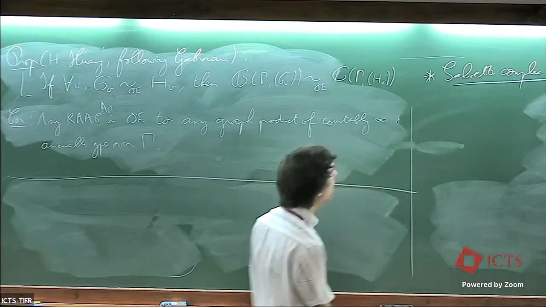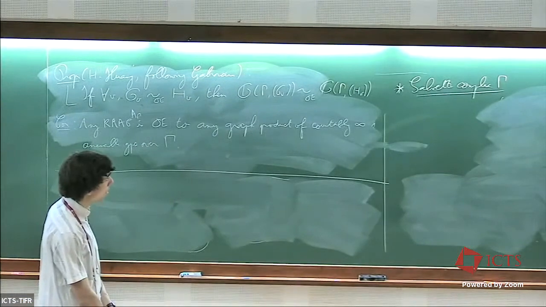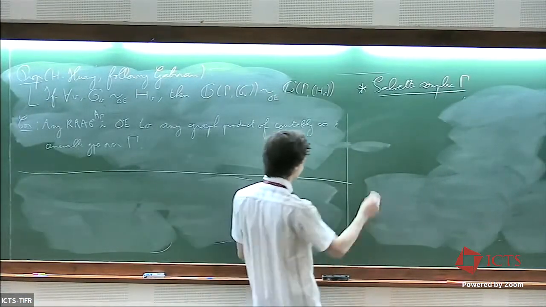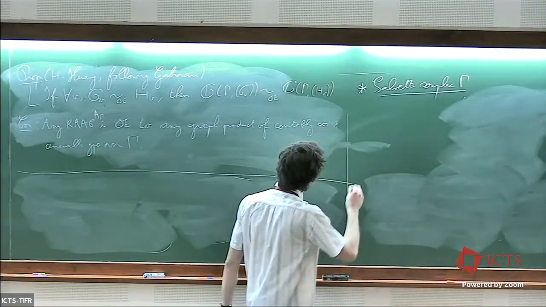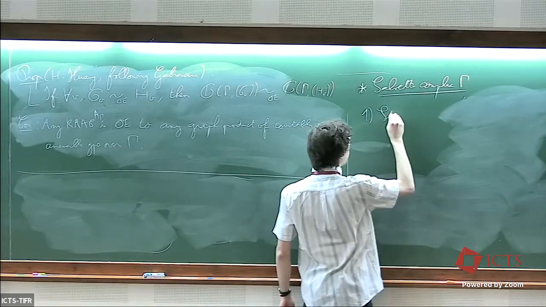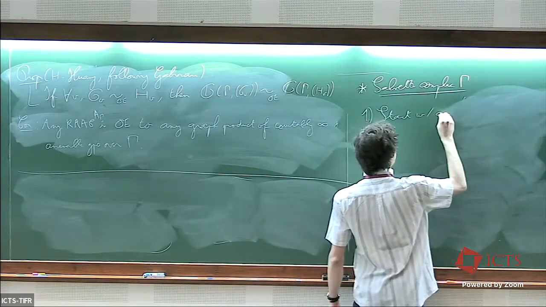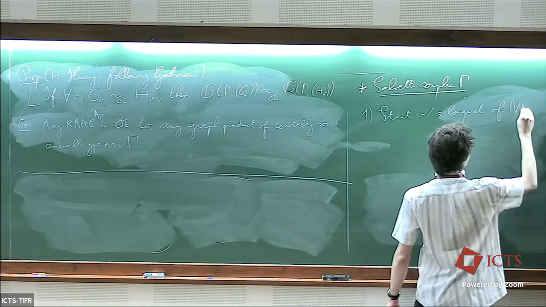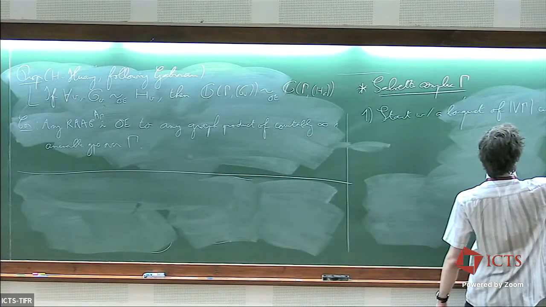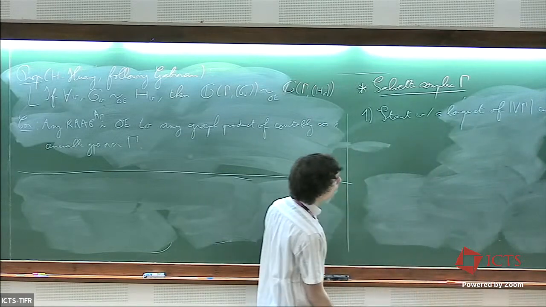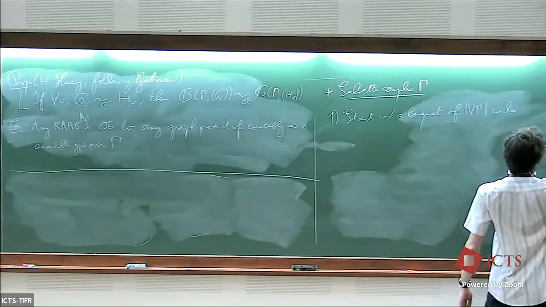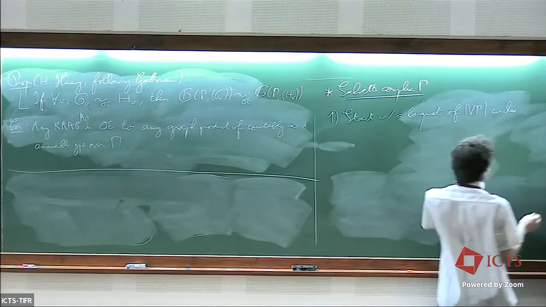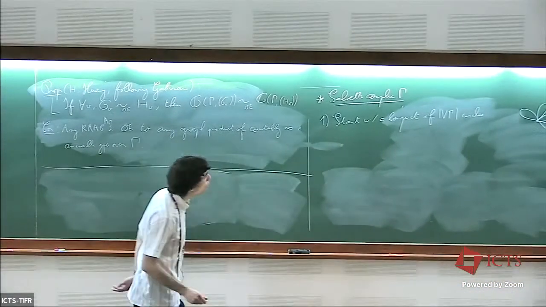To every RAAG gamma, you can associate a Salvetti complex, which is formed in the following way. You start with a bouquet of circles, one circle per vertex of the graph, so one circle per generator of the group.